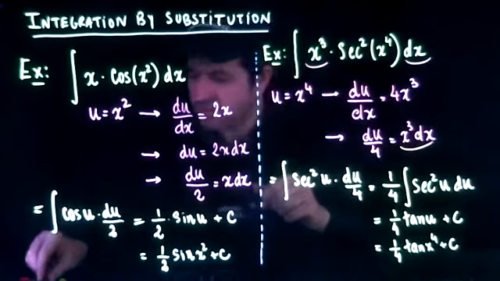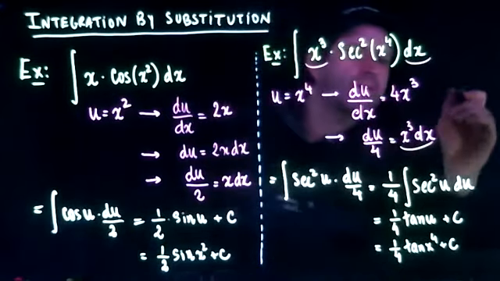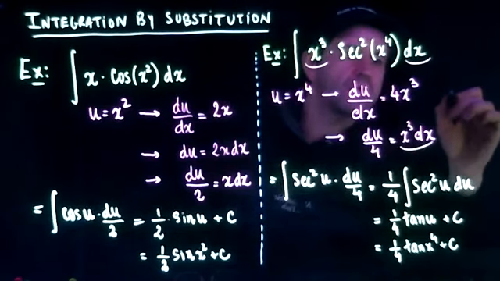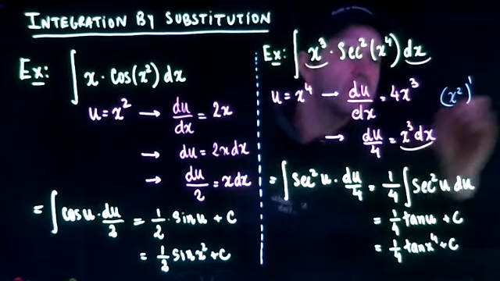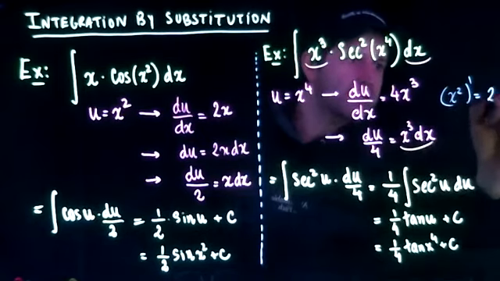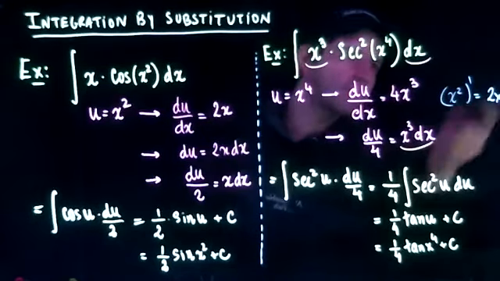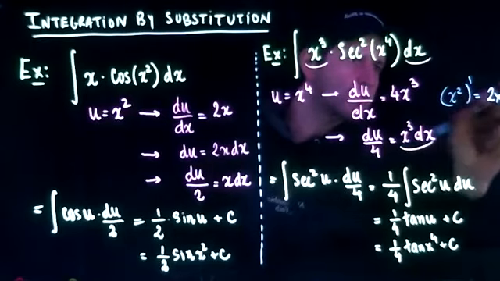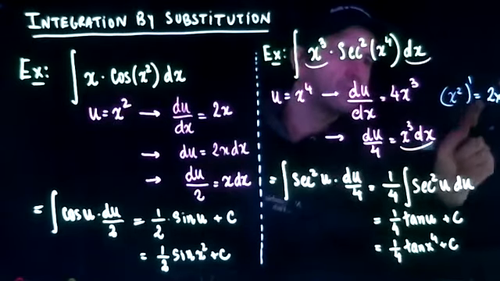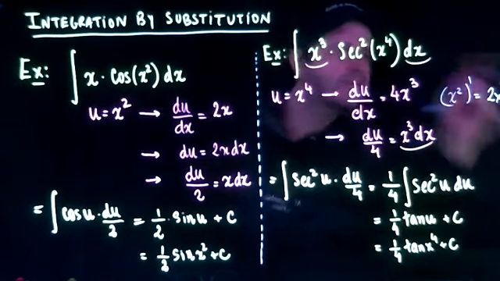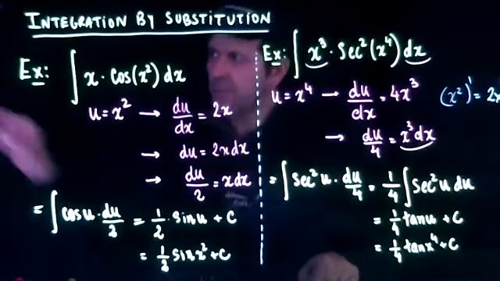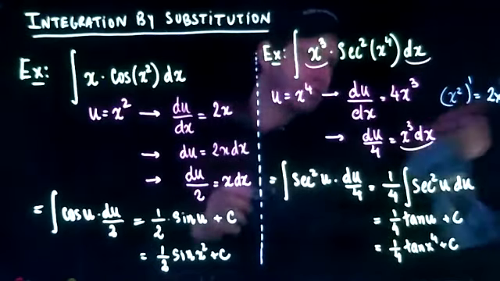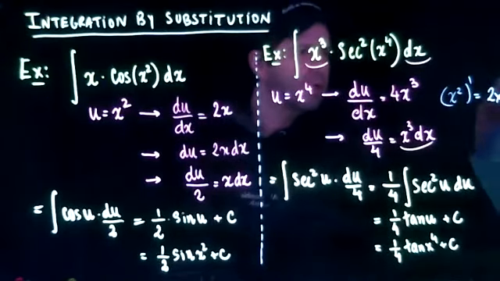It's like if you write x squared prime equals 2x: there's no more prime, you evaluated it. It's like asking why isn't the prime there anymore? Because you just found the result. Here the derivative, here the integral. Okay, good.